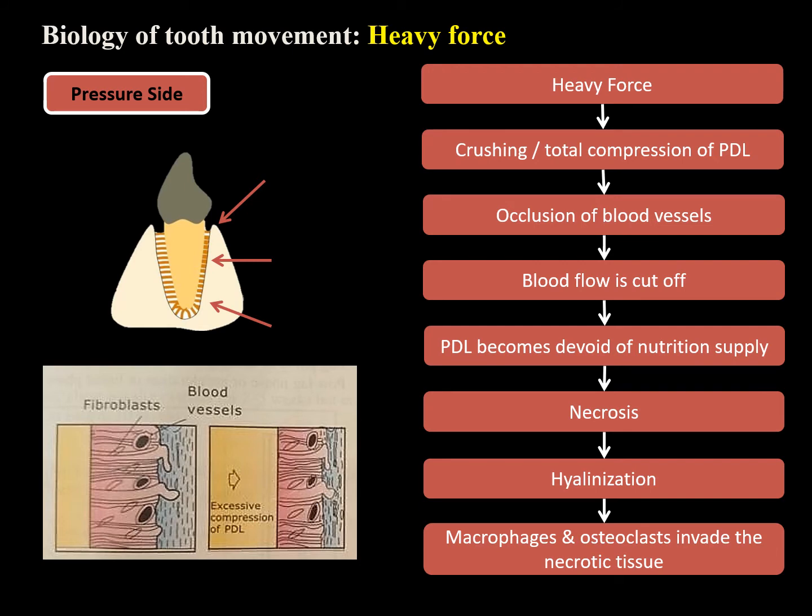So once there is necrosis, there is hyalinization, and following hyalinization, the cellular components around that hyalinized zone will be invaded by macrophages and osteoclasts, and they will try to eat their way through the necrotic tissue.